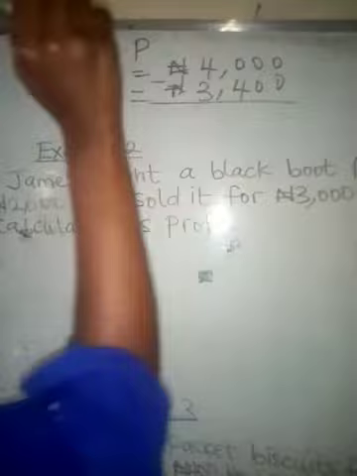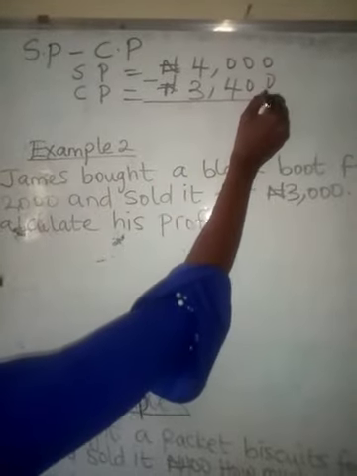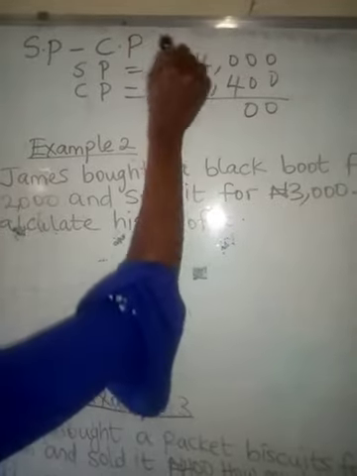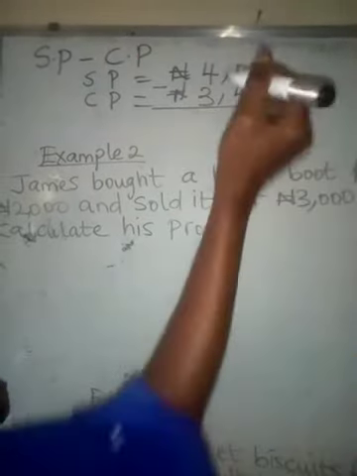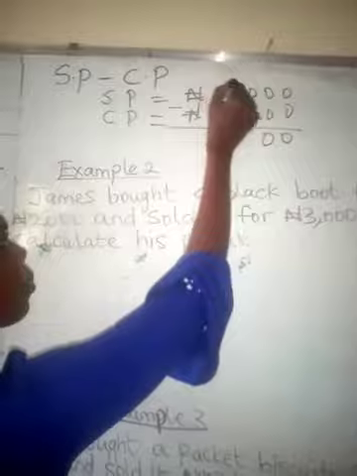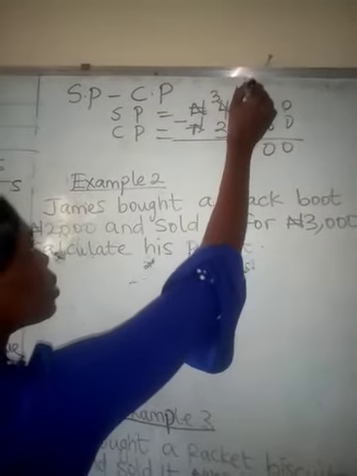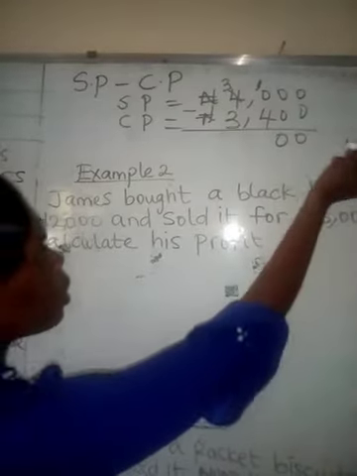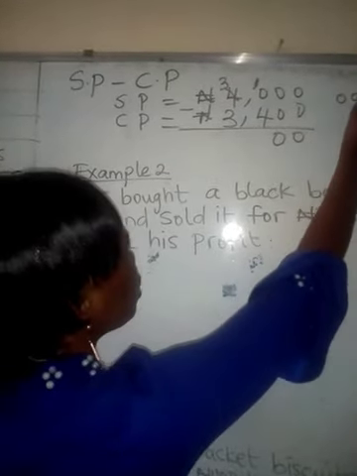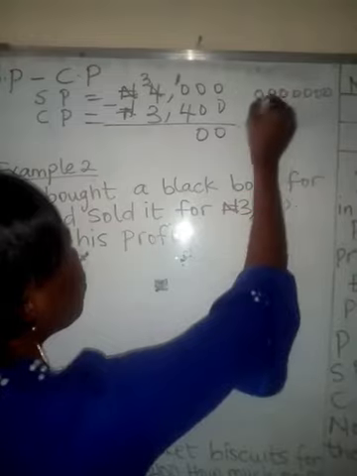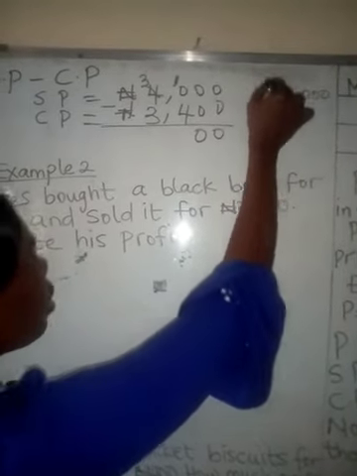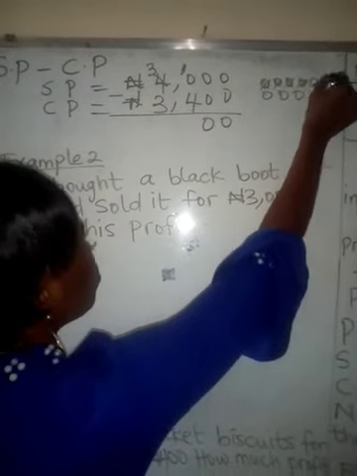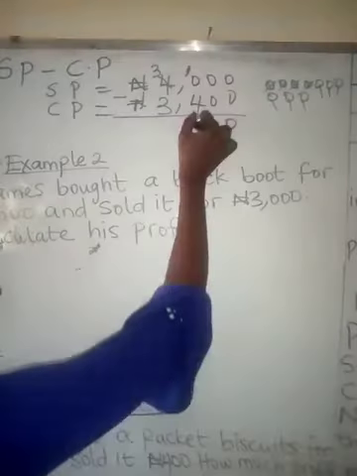Rule a line, then we'll solve. 0 take away 0 is 0. 0 take away 0 is 0. Now 0 take away 4 is impossible. What do we do? We borrow 1 from here, we cross it out, it becomes 3, and this one becomes 10. Now 10 take away 4: if we count out 10, 1, 2, 3, 4, 5, 6, 7, 8, 9, 10, and take away 4, the remaining is 6. So our answer is 6.